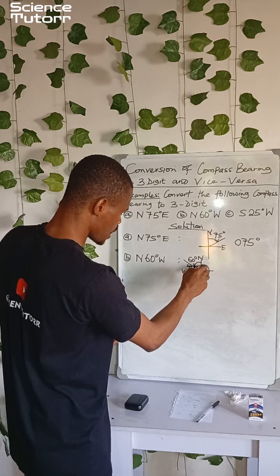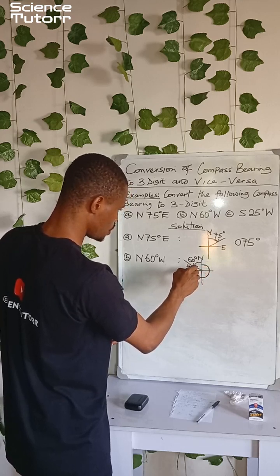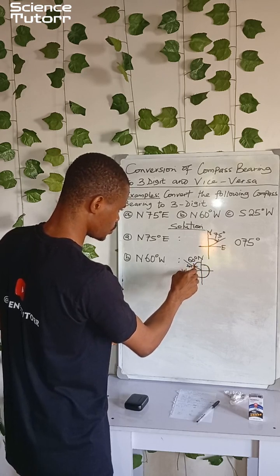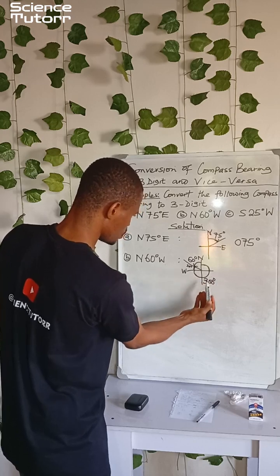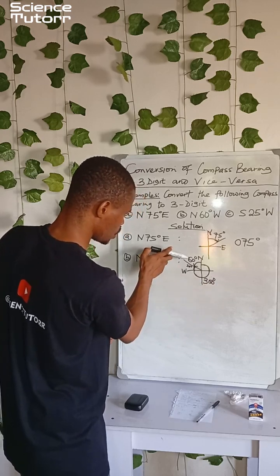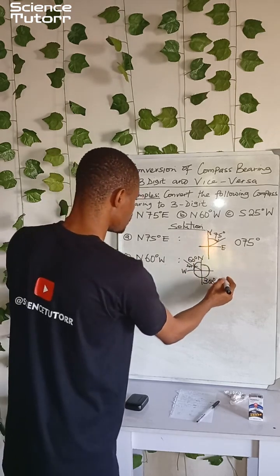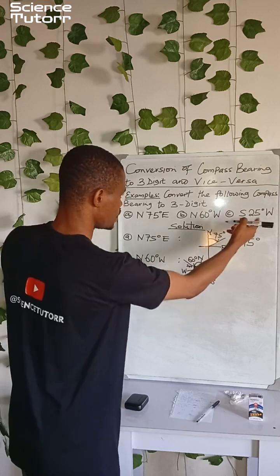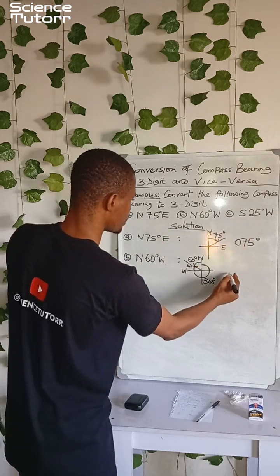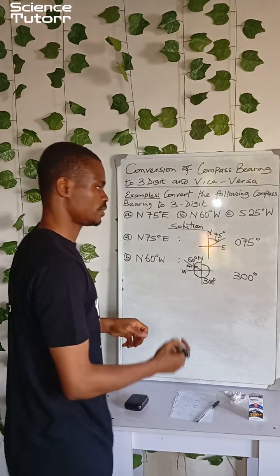So 90, 180, 270 plus 30 makes 300. So on this side, I have 300 degrees, of which 300 plus 60 gives us 360, angle at a point. So north 60 degrees west in three-digit bearing will give us 300 degrees.